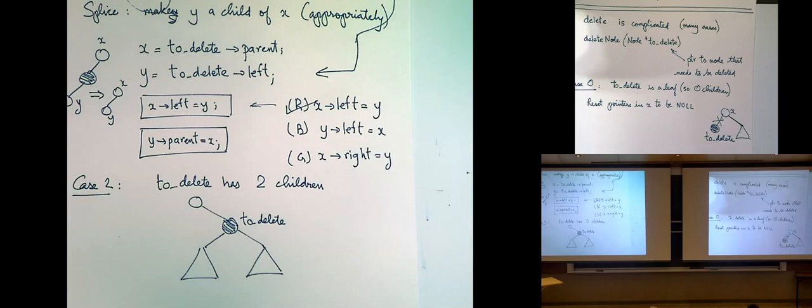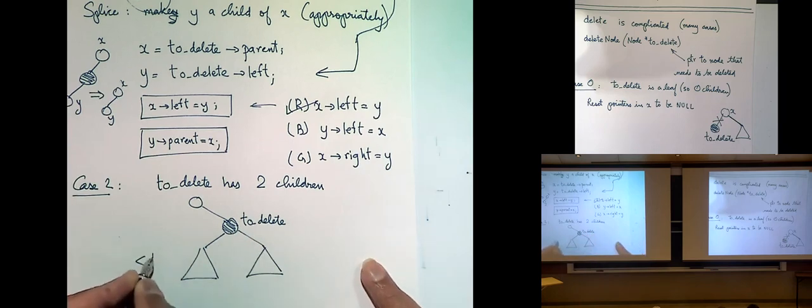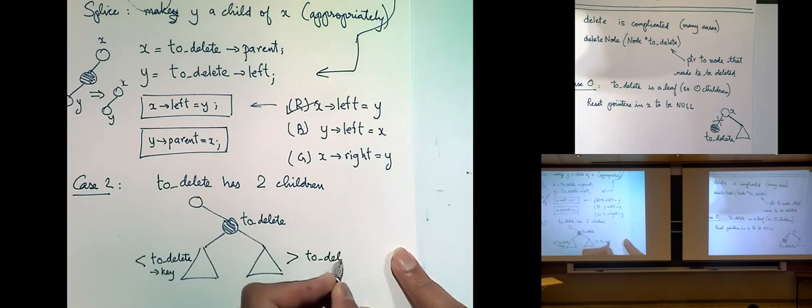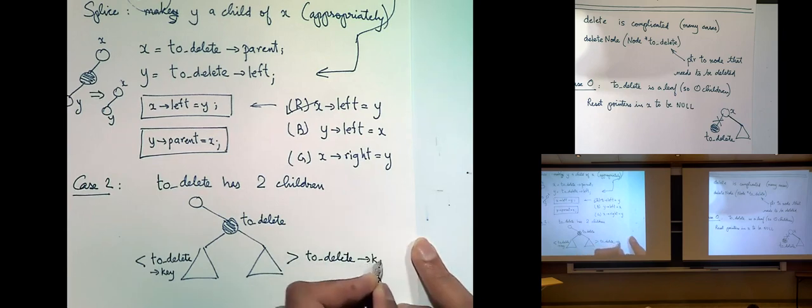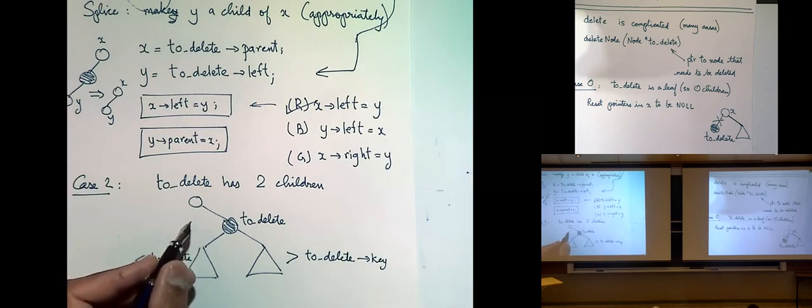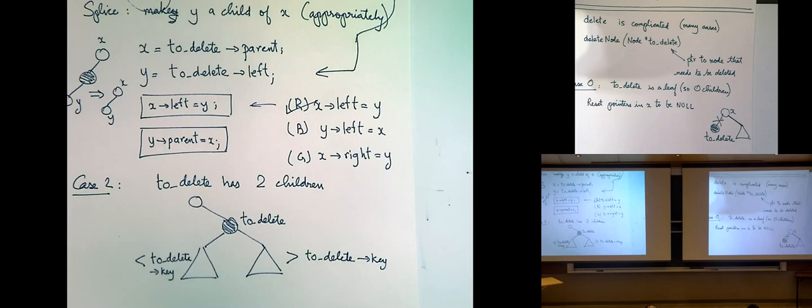Yeah. Okay, so now it's not clear how you would modify the tree to fix this, because for example, everything here is less than 2 delete arrow key. Everything over here is more than 2 delete arrow key. What about that? Is that more or less than 2 delete arrow key? Parent. Less, right?